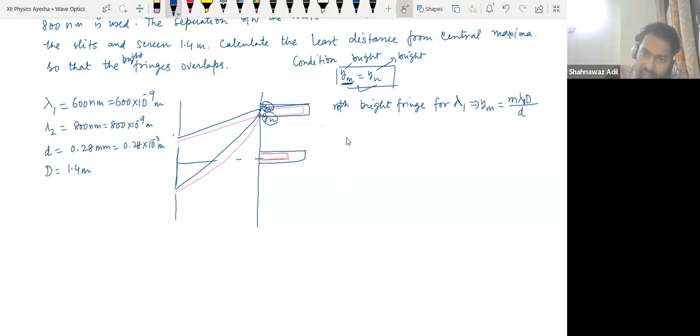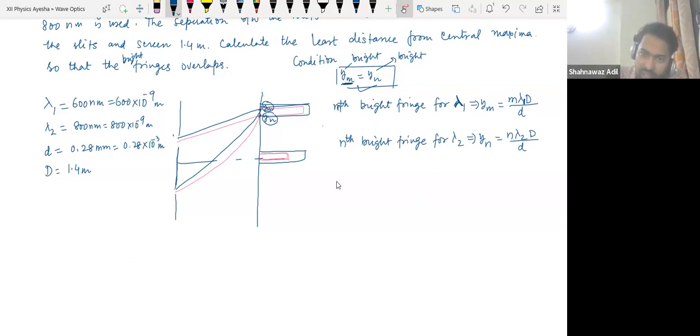And now let us calculate the nth bright fringe of the other wave, because this is dependent upon the wavelength. So if wavelength is changing, then bright fringe will also change. So nth bright fringe for the other wavelength, that would be yn, and that is n lambda 2 D by d. So in the question, this is given that their bright fringes overlap. So the position is overlapping, right?